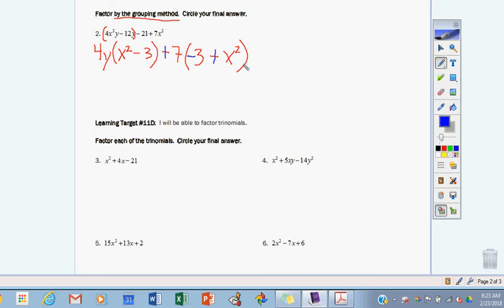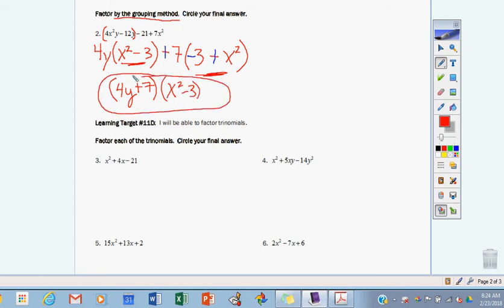So you just change all 3 signs there, and then it'll work out nice because now we still have negative 21. We still have positive 7x squared. It does affect this first parenthesis, so now I have 4y plus 7. And in the second one, this says x squared minus 3, so does that. You can write it either way. They do say the exact same thing, just look a little different. So x squared minus 3. So this would be the answer to that one.